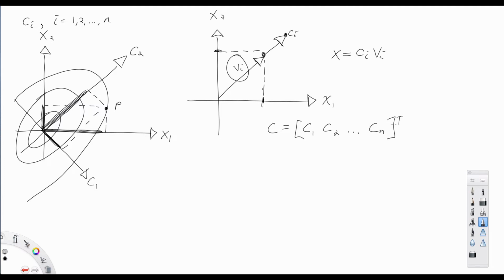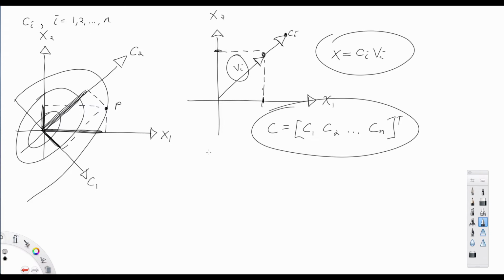And we can combine this result with this result, and we can write that a general point x in the x-coordinate system is going to be equal to the scalar value c1 times v1 plus the scalar value c2 times the eigenvector v2, all the way up to cn times vn.